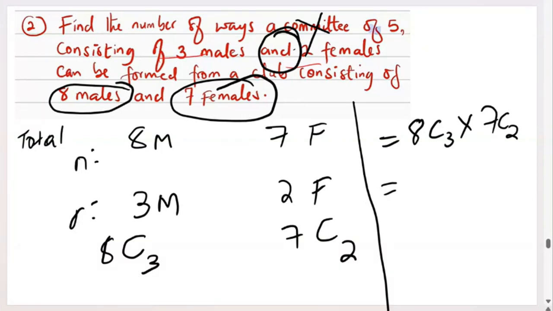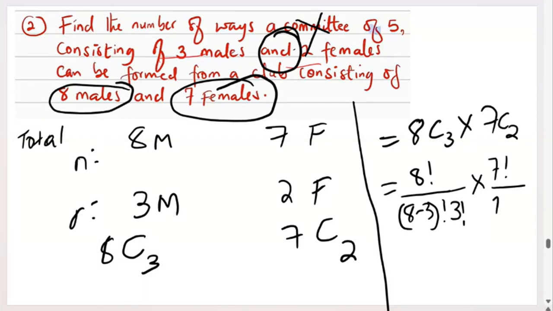This is going to be equal to 8 factorial divided by (8 minus 3) factorial, 3 factorial, multiplied by 7 factorial divided by (7 minus 2) factorial, 2 factorial. I am not going to do the full calculation. I just want to show you how to think around these.